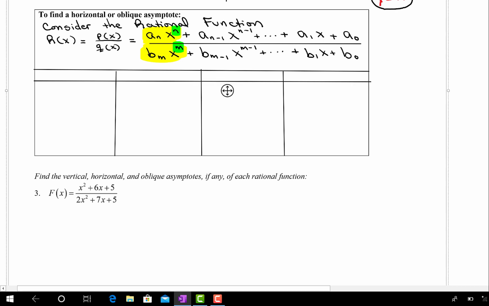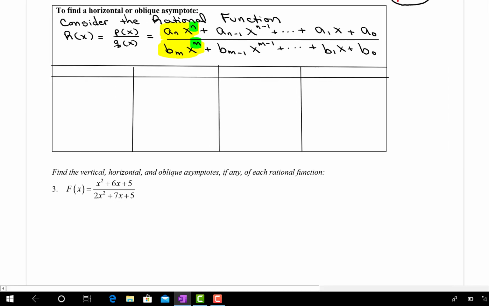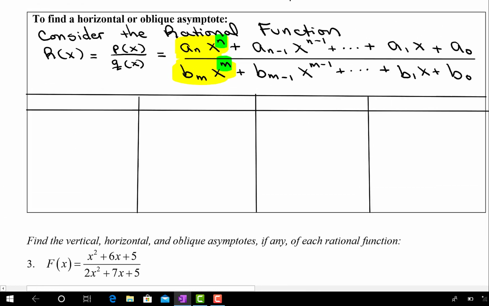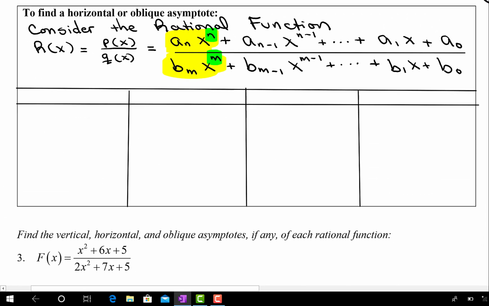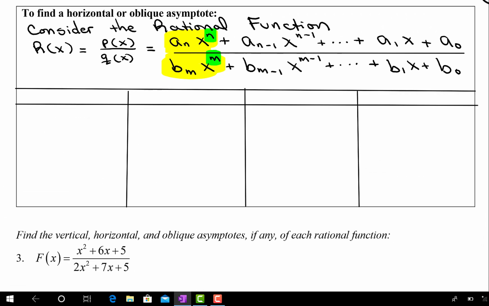Let's go ahead and write in what we're going to put in the first box here. Our first case scenario. So for our first case, once again, we're looking at the leading terms.